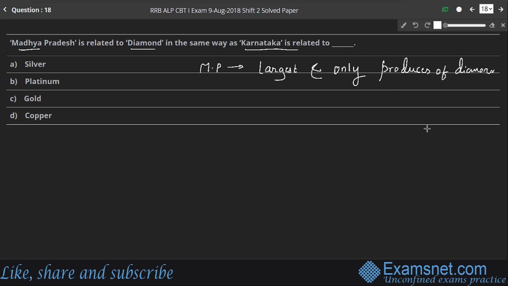Similarly, Karnataka. In Kolar, Hassan, Dharwad, Raichur, these many districts of Karnataka are the largest producer of gold in India.